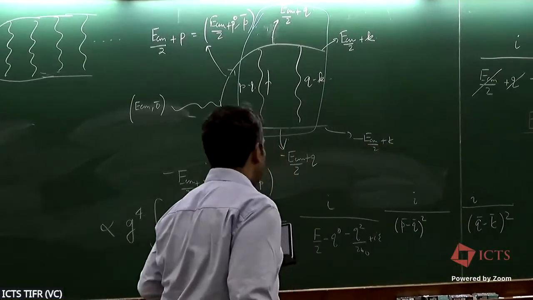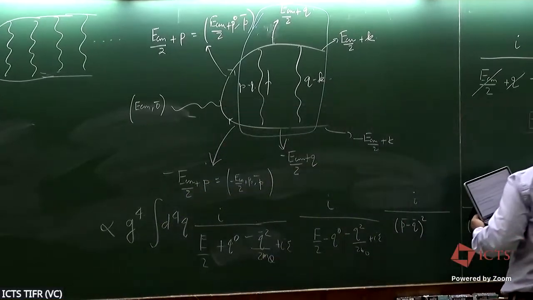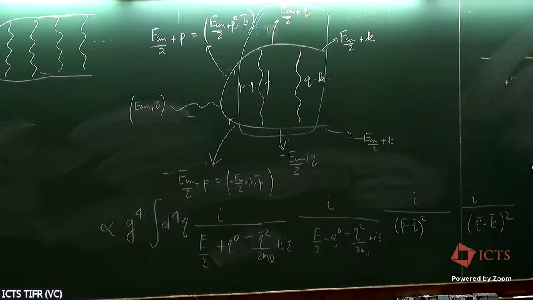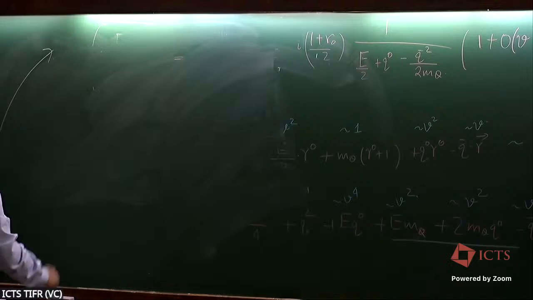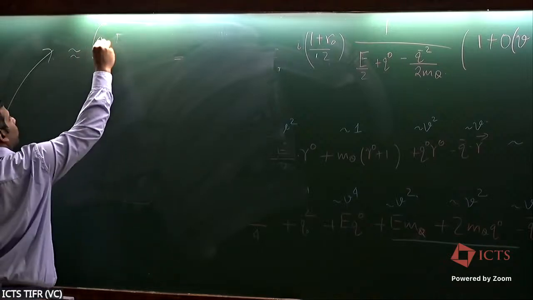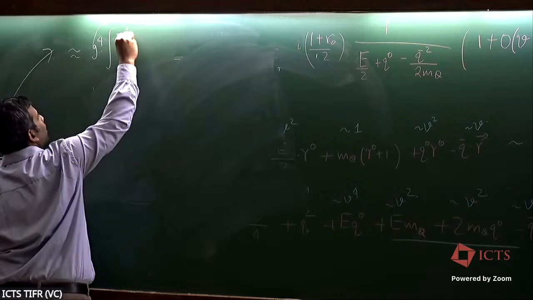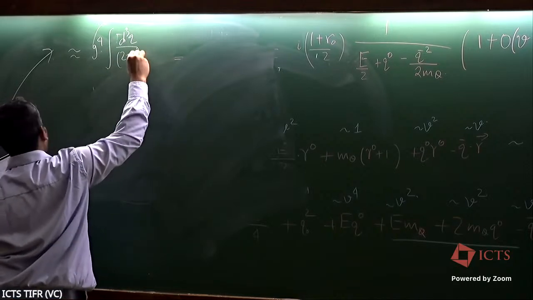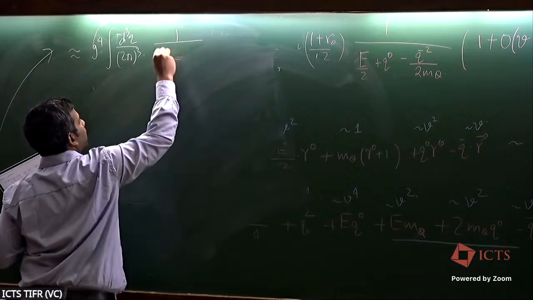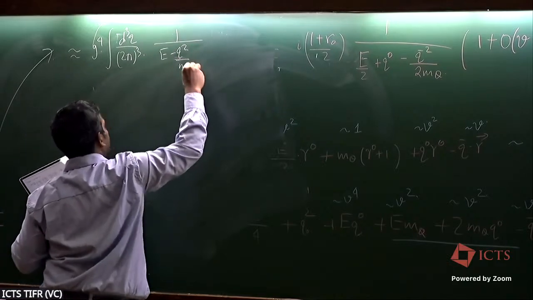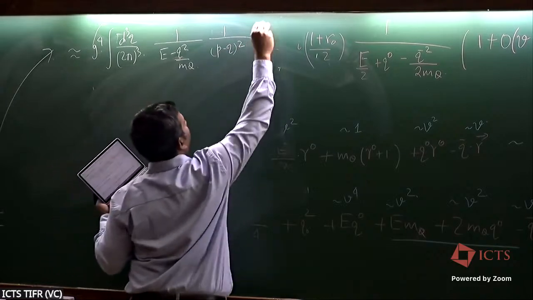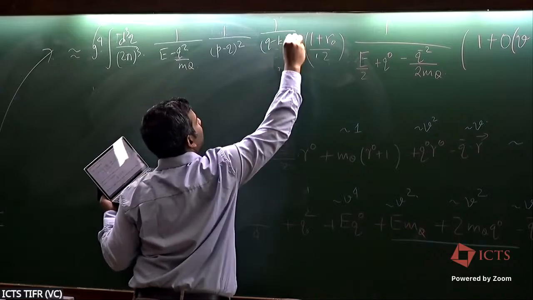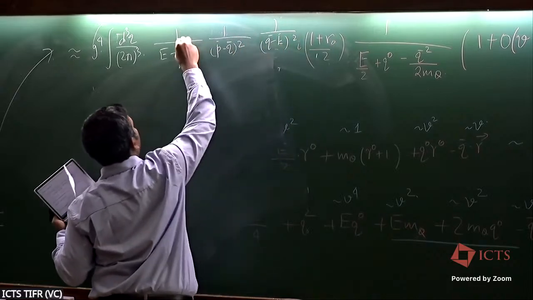Now if you write this expression, it would be proportional to g raised to 4, d^3Q over (2 pi)^3, 1 over (E minus Q squared over M), 1 over (P minus Q) squared and 1 over (Q minus K) squared. These are all 3-momenta, not 4-momenta.